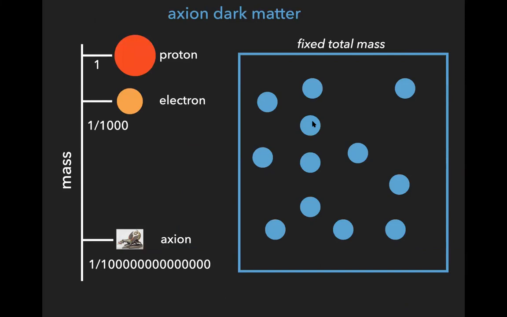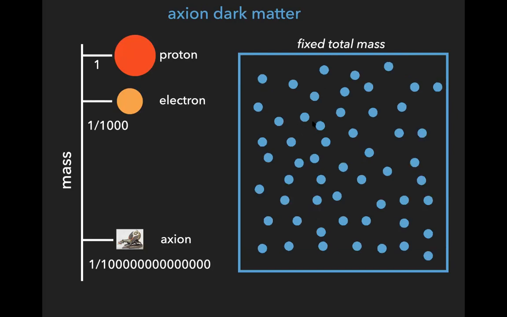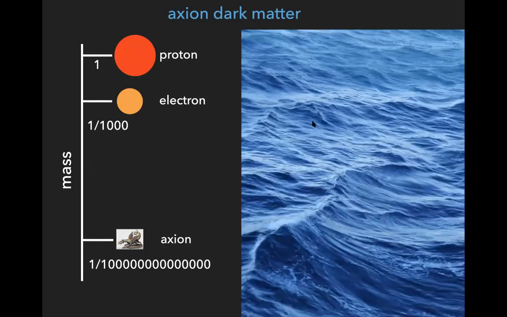Those particles come closer and closer together. Axions are bosons, so their wave functions begin to overlap. We have high occupancy numbers for each quantum state, and we transition from the quantum description to the classical description. So when we talk about axions as dark matter, we use the language of classical waves.